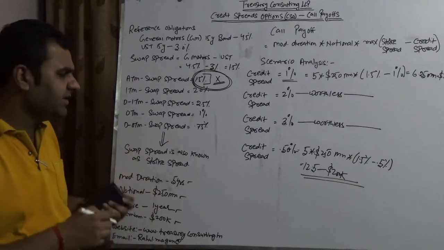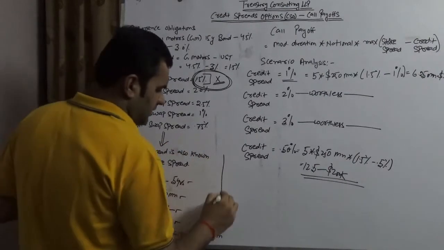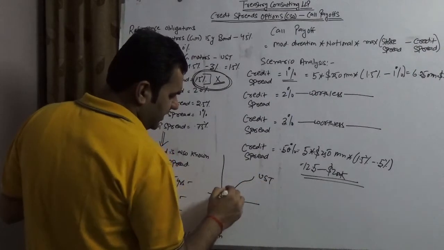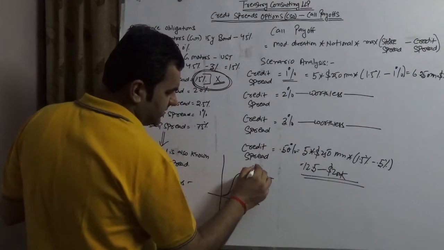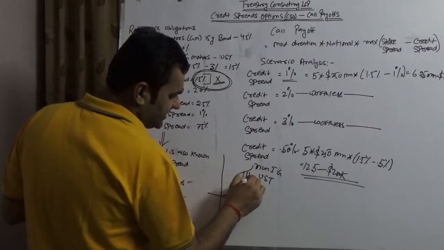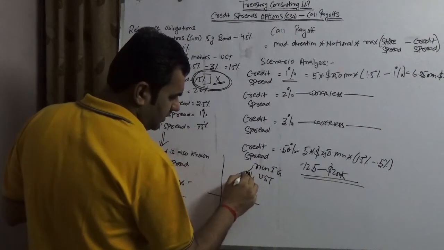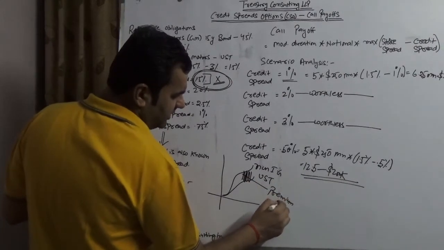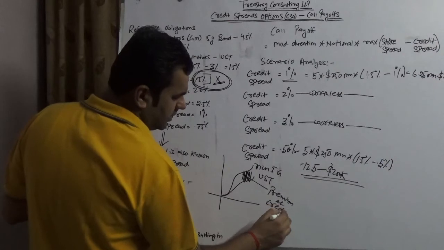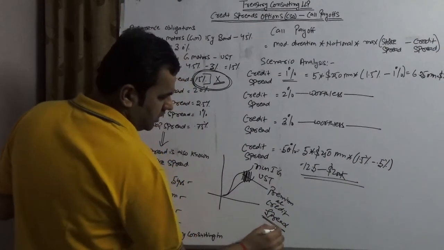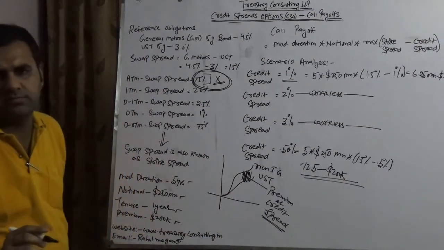If USD rates rise like this, then the non-investment grade rate will also rise. And that difference is the premium, or it is the credit spread. How would you hedge that?